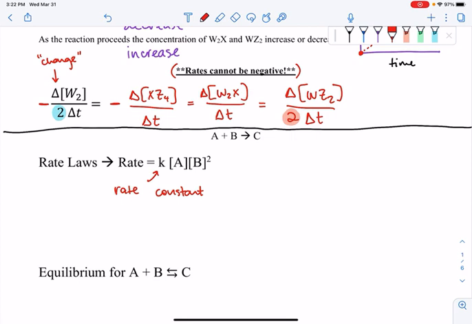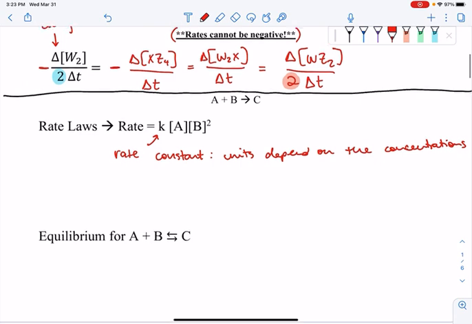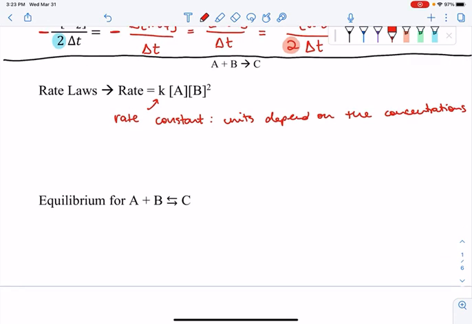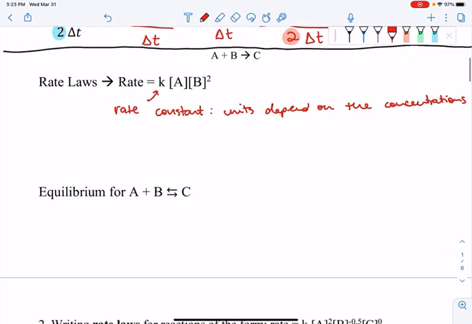And its units depend on the concentrations. This is A, this is B. All this is showing is that sometimes these concentrations can have exponents on them, right? It's not always going to be 2. This is just a generic example. And so this is a way that we can write out a rate law for a reaction, okay?